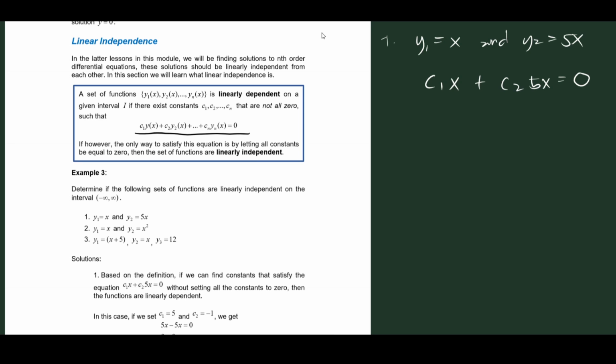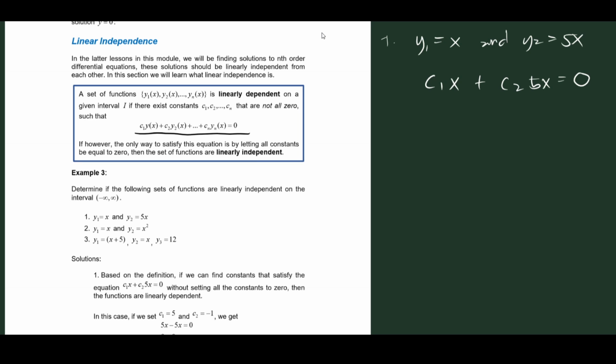So if we can do that, then this is linearly dependent. If we cannot do that, if the only way to satisfy this equation is by setting c1 and c2 to 0, then these two functions are linearly independent.